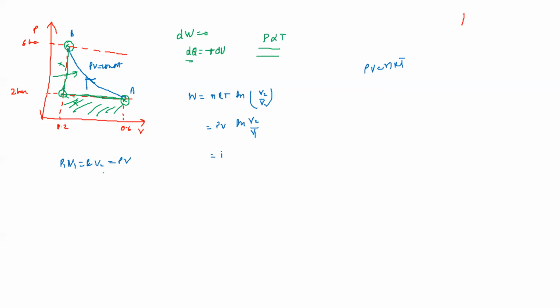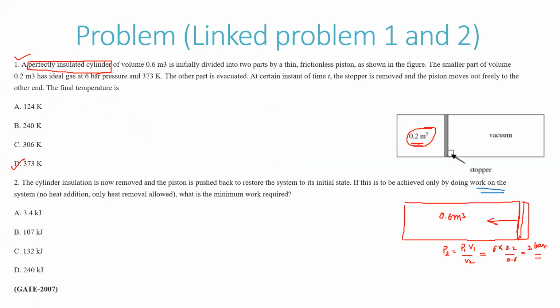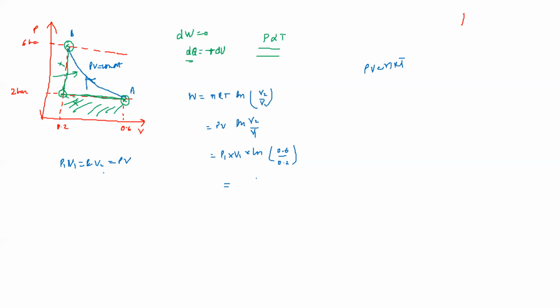So over here, we'll write P1 into V1 into ln V2 by V1, bigger upon smaller. V2 is 0.6, V1 is 0.2, and the pressure is 6 bar, which is 600 kilopascal, into 0.2. Kilopascal meter cube becomes kilojoule, into ln 0.6 by 0.2, which is ln 3.